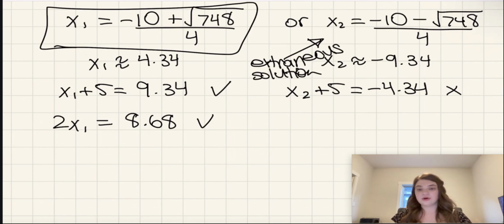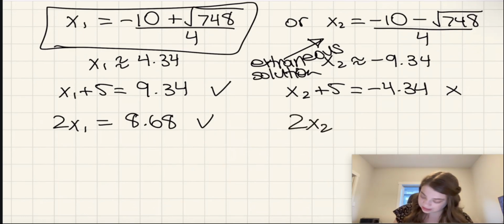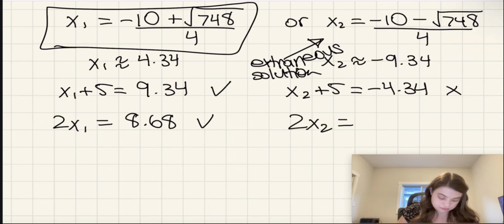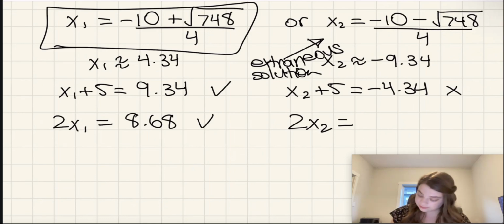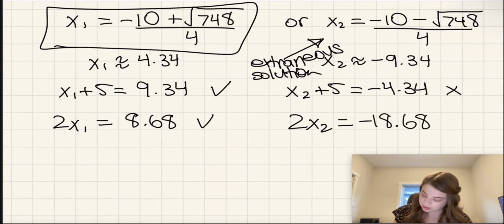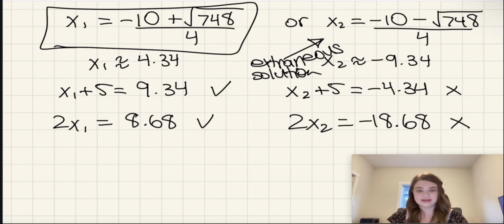Now, that said, another argument that we could make to prove that it's an extraneous solution is that 2 times x2 actually is also negative, because it's going to be negative 18.68 approximately, which is still negative, and so therefore this is an extraneous solution. However, keep in mind, we actually don't have to show both of these. We only have to show that one of these is negative to show that it's an extraneous solution.